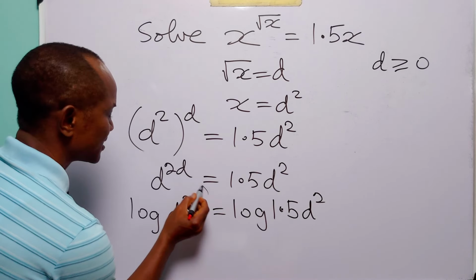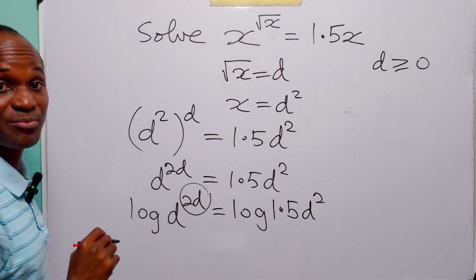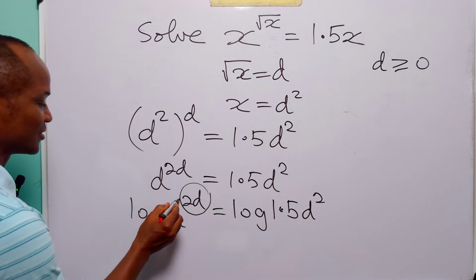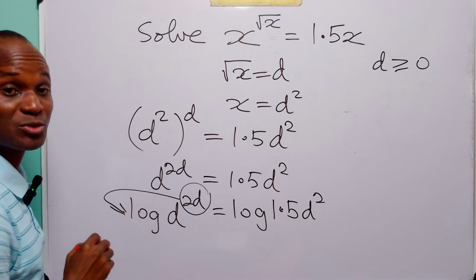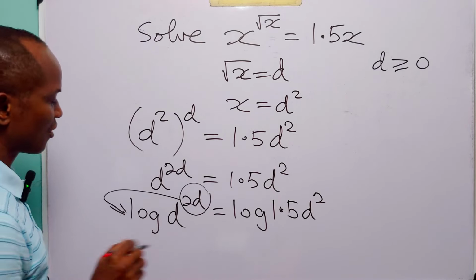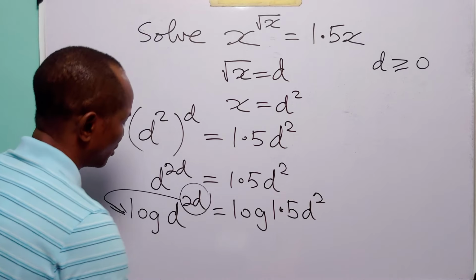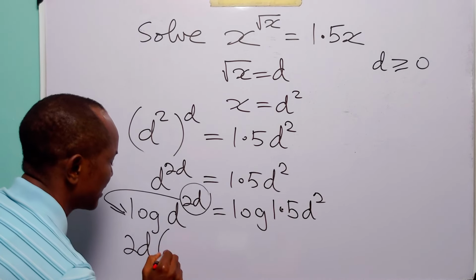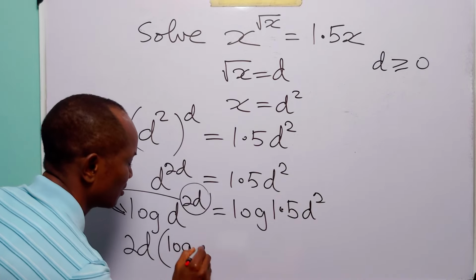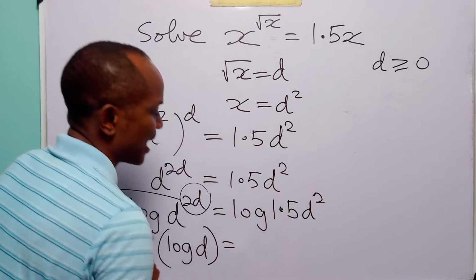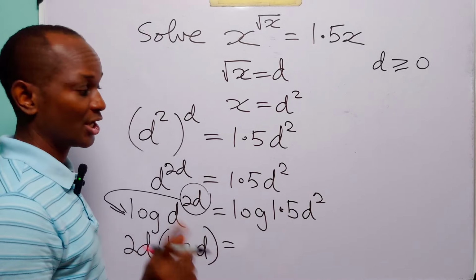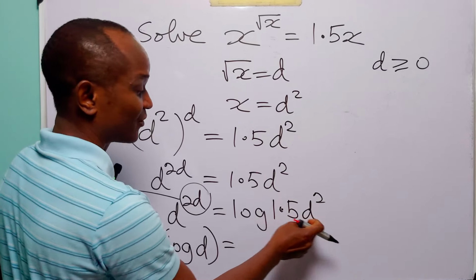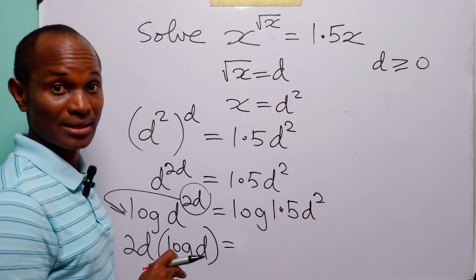That is the rule that says that we can bring down this exponent, the exponent of d, to the front of the log term to become a multiplier. When we apply that rule, then on the left-hand side, we have 2d times log d. And then on the right-hand side, this is 1.5 times d squared.